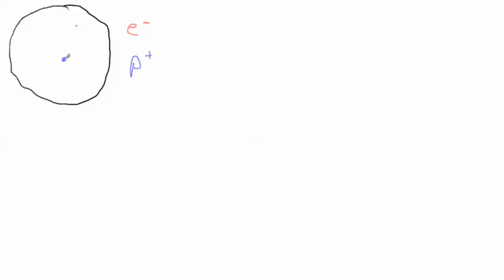So if I have one electron, negative 1, and I have one proton, then that means the total charge of that atom is 0. And again, we call this charge. These positives and negatives that I'm talking about with these particles, that's called charge. And so the total charge would be 0.